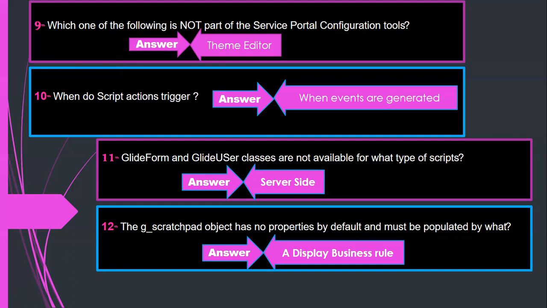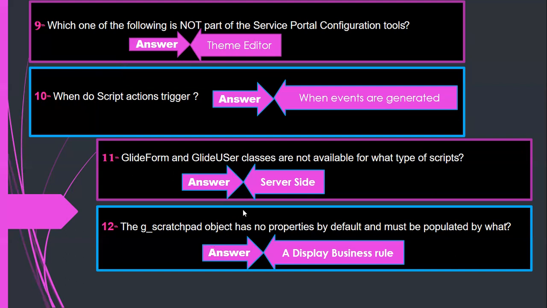Glide form is already defined in the objects also, correct? The classes which they mention, glide form. If you are saying that it works on the form, glide form, and glide user, then definitely it would not run on the server side.